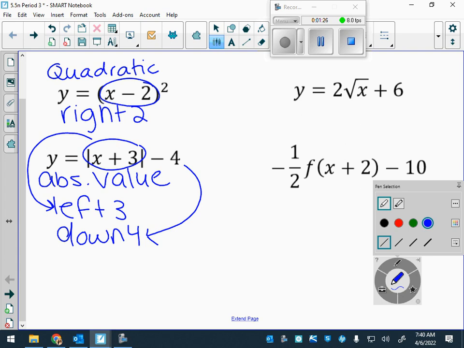Now, for this third one, 2 times the square root of x plus 6. What's our parent function? Not cube root. Be careful. The square root. Excellent. What types of transformations are happening? Camilla?